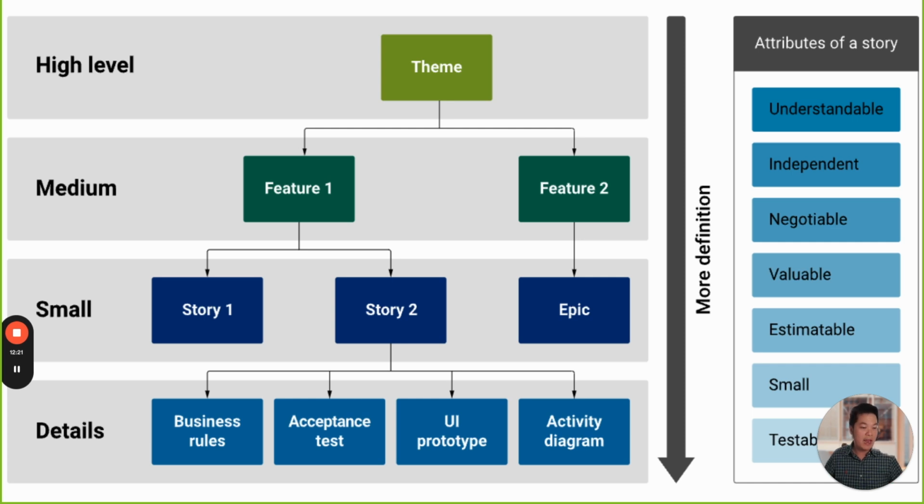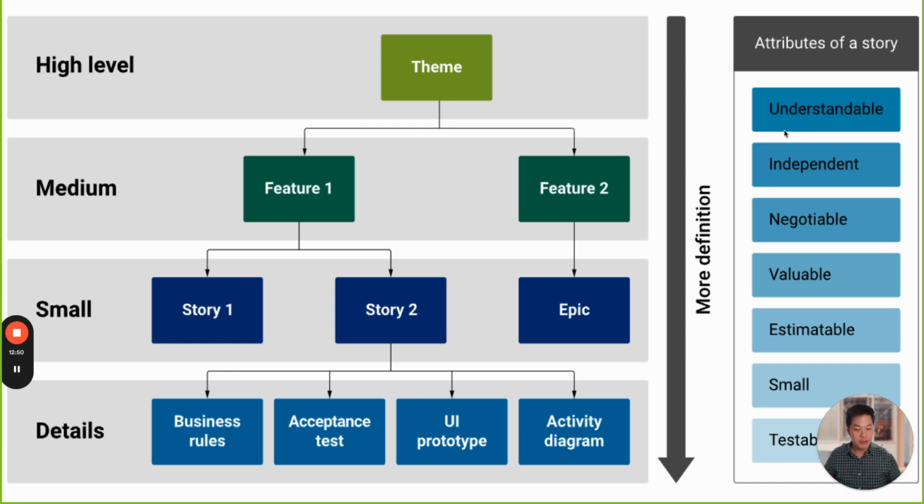The theme can be our vision: we want to develop the next generation of e-commerce system, the first e-commerce platform that accepts Bitcoin payment. This is an example of the theme. What are the features? Bitcoin payment gateway, shopping cart, and the login feature.